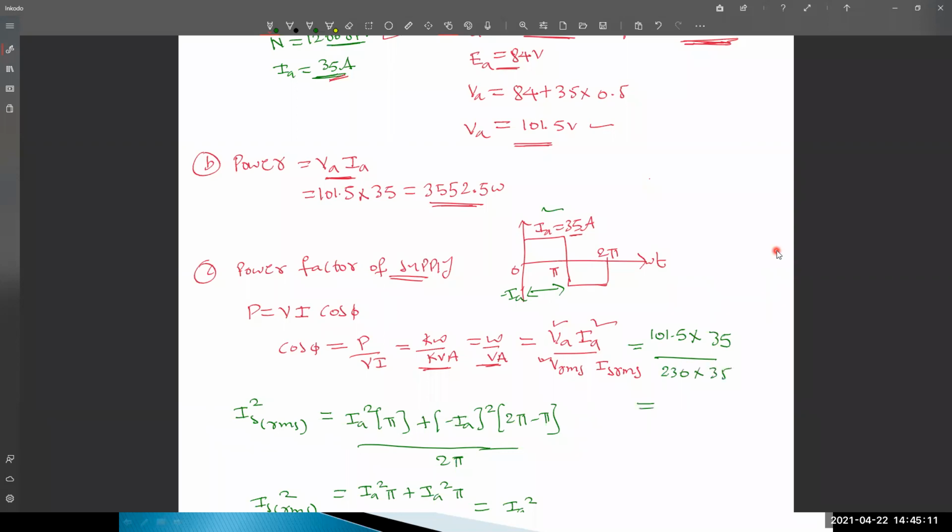Then you will get 0.441. So 0.441, this is the power factor, cos phi. Understood? So this way we will find the problems based on the relations.